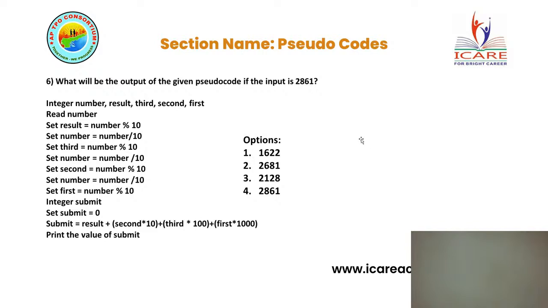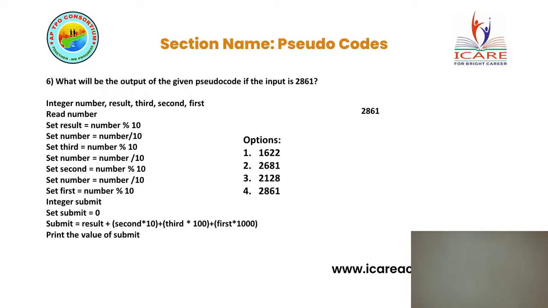So we can take that they are mentioning the input as 2861.